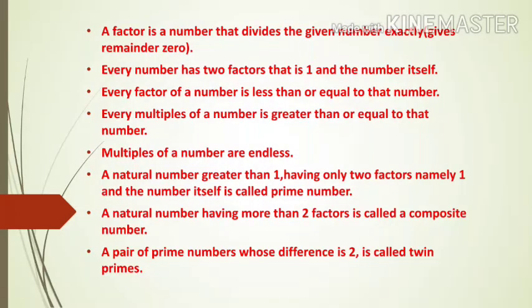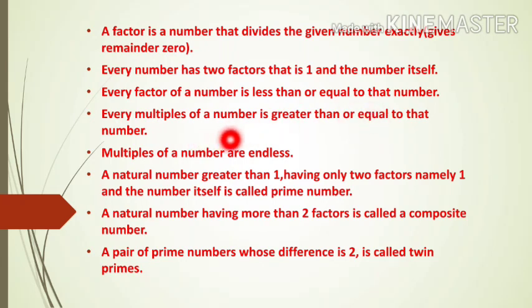Students, the first unit is over here. Now let's recap what are all the topics we discussed in the past 3 videos. A factor is a number that divides the given number exactly, giving remainder 0. Every number has 2 factors, that is 1 and the number itself. Every factor of a number is less than or equal to that number.